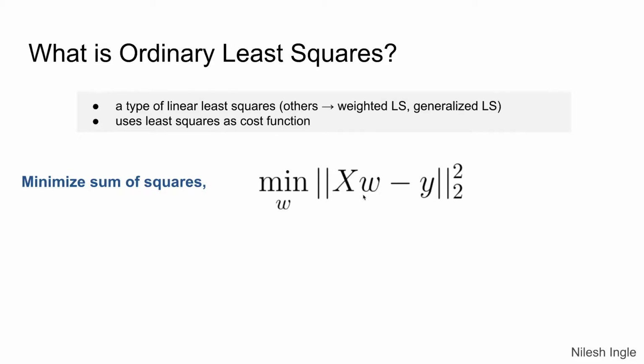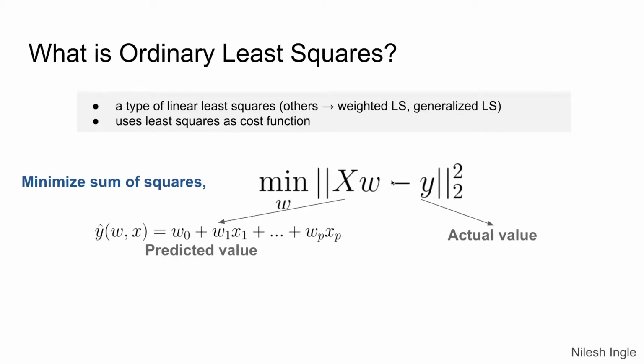And what this is is a sum of squares. So xw is the predicted value that we calculate from this equation, and y is the actual value. And the minus sign just tells us that we are taking a difference between those two values, the actual value and the predicted value, and then we are squaring that.